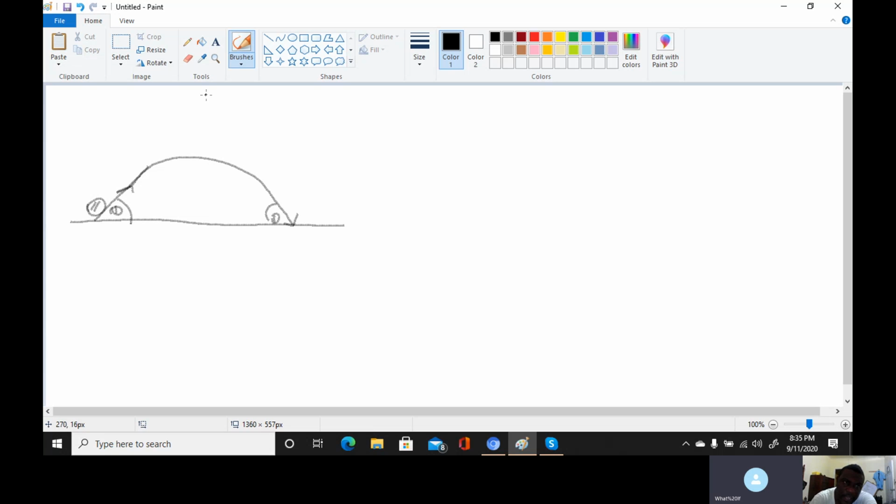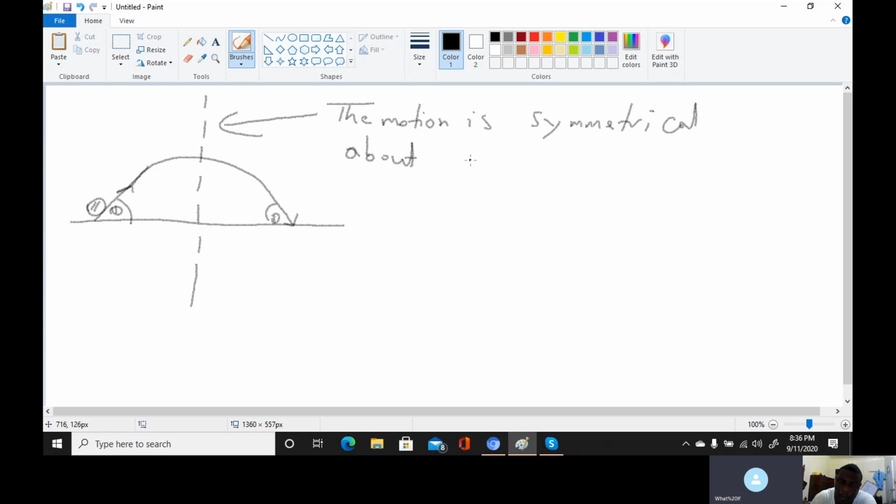All right. If I draw a line like this, yes, the motion is symmetrical about that line. So the motion is symmetrical.